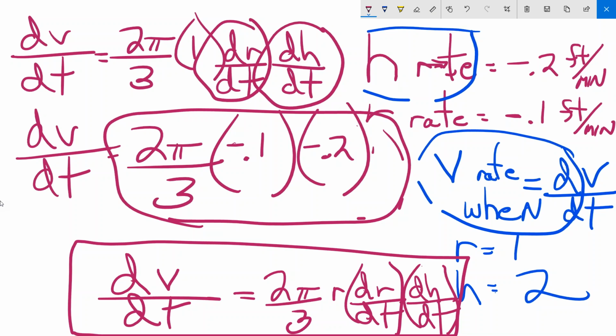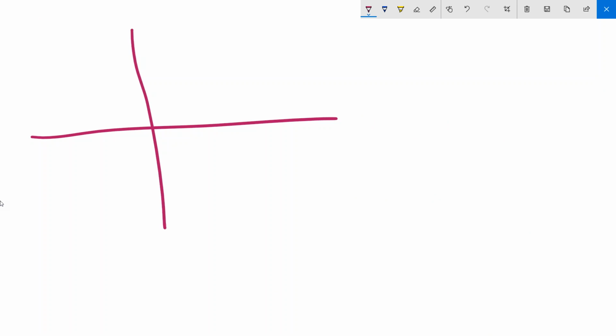The next thing in my book after related rates is extrema. We've already talked about extrema a little bit. Let's talk about more based on this curve right here.